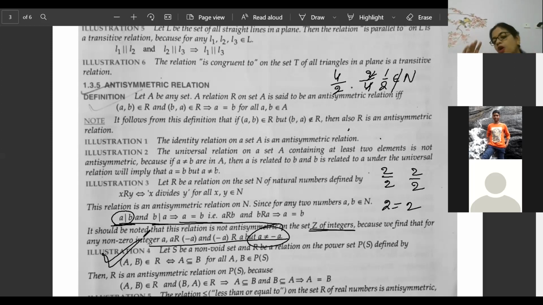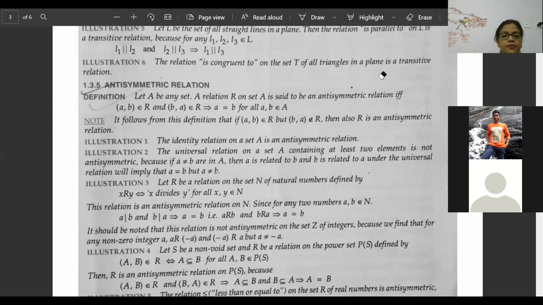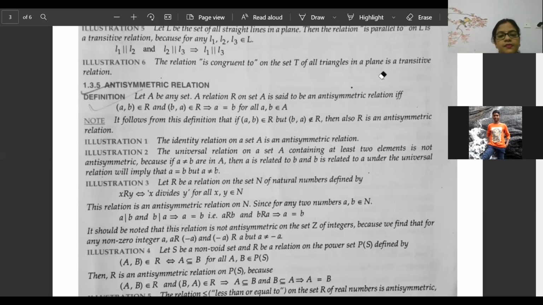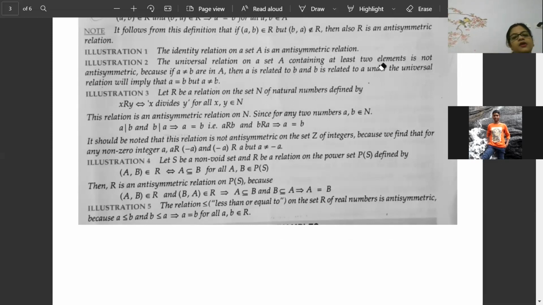Now here set conditions. You see, almost all illustrations are going with this condition. Anyone explain this one? Just type and say illustration 4, because beta we have discussed about it.